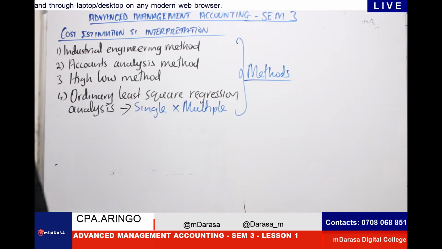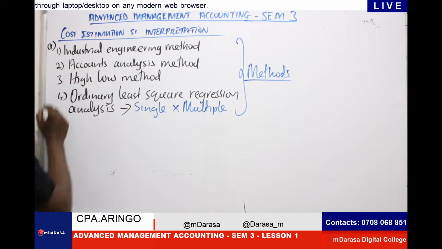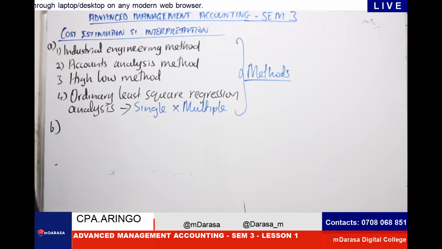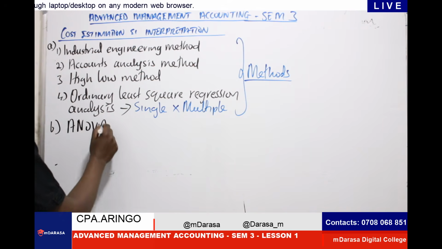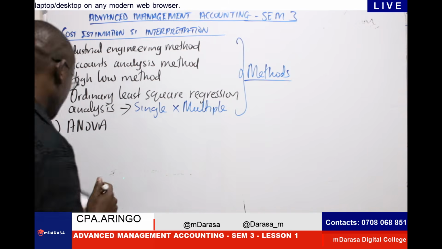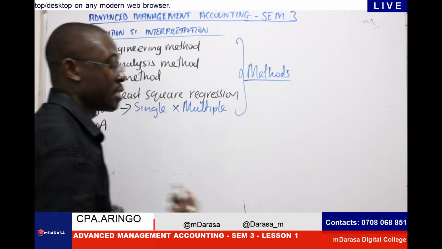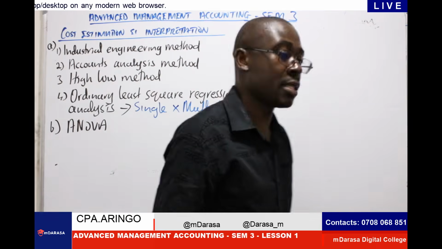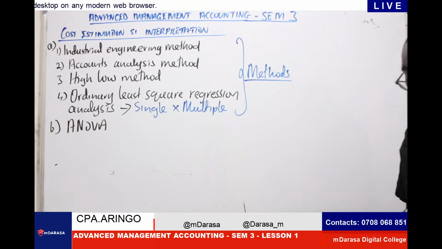In addition, we'll be looking at the concept of analysis of variance. We'll also be required to understand the concept of ANOVA, that is analysis of variance. That is the appraisal of regression analysis, where we have to understand the whole concept of the standard error of estimates.